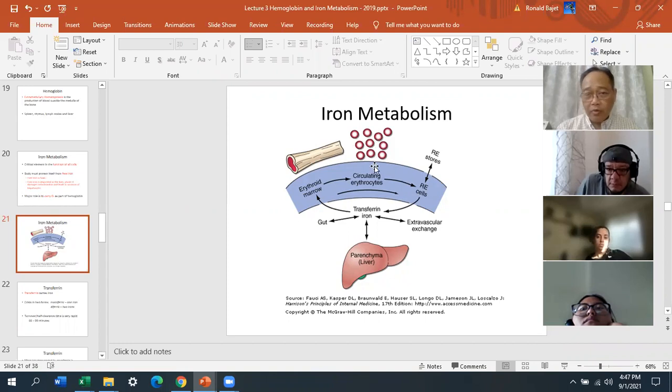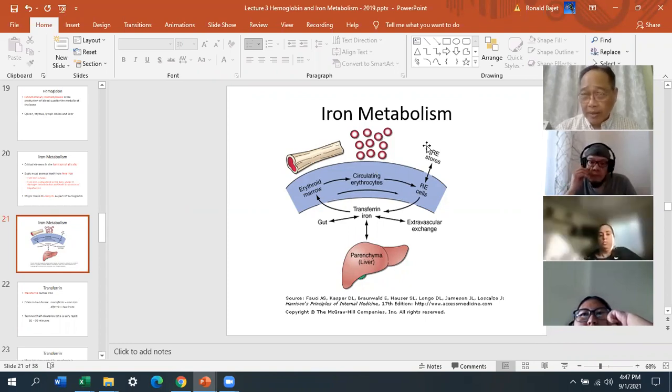After 120 days, these red blood cells will start aging, start dying, and start shriveling up, and the stroma or the skin of the red blood cells will be cleaned up by the macrophages and the monocytes, and the iron will be bound as ferritin in the reticuloendothelial storage. This is your storage area.